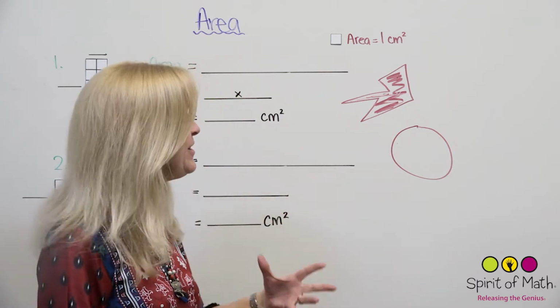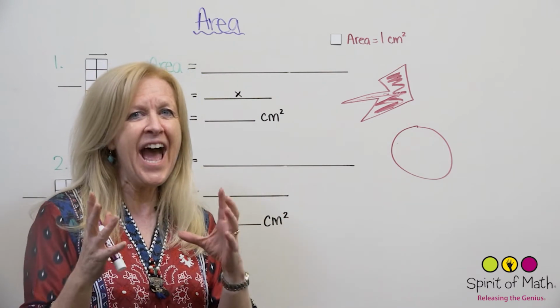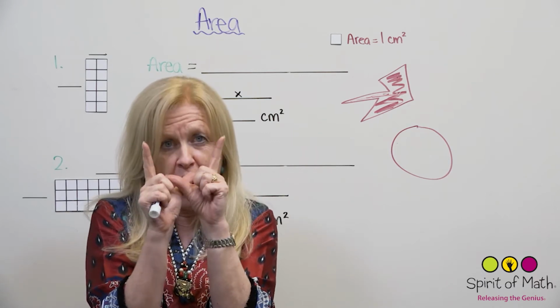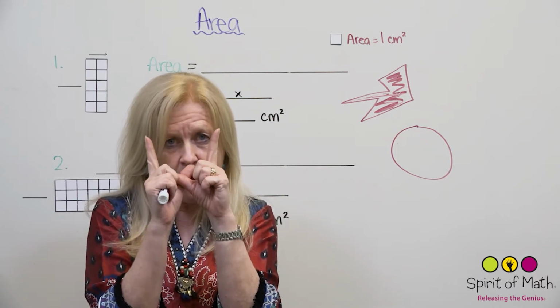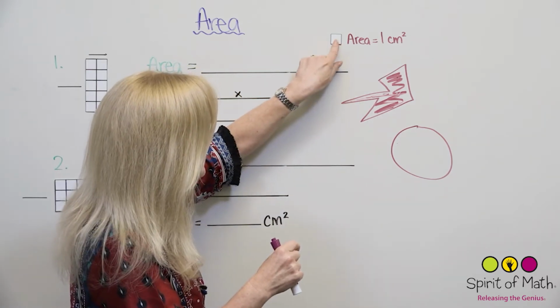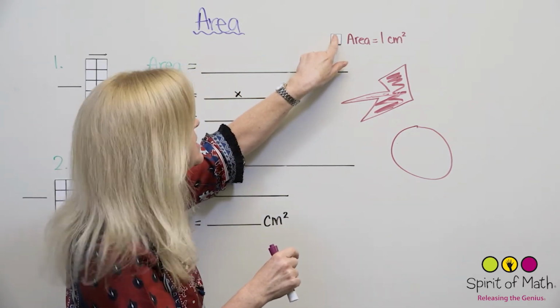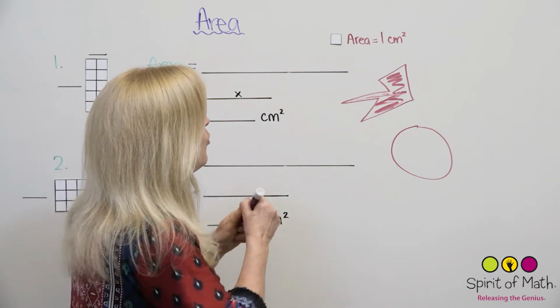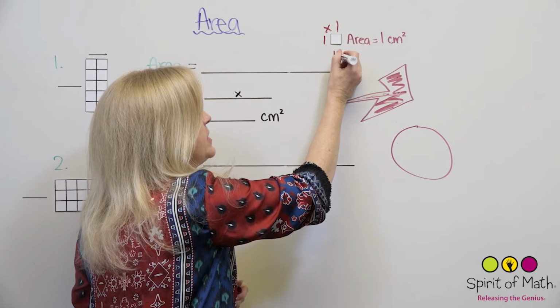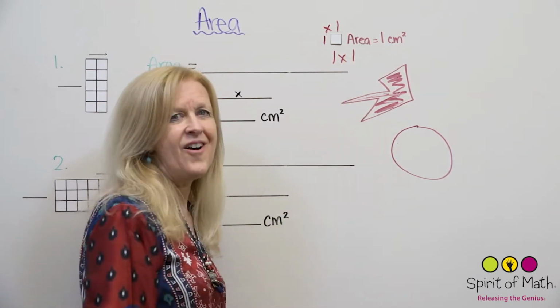And the way that we do this is that we have little square units, and we'll call that 1 unit squared because it looks like this, you see? And it's squared because you have 1 unit by 1 unit, and you say 1 by 1, okay?